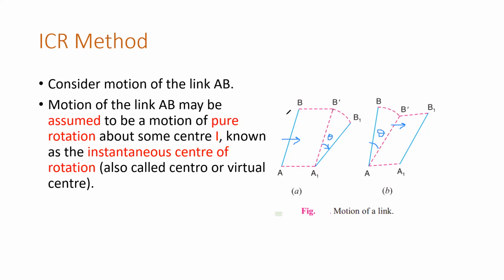Just I am showing you, it can be located by joining the initial and final positions of the points, like this line. Then you draw a perpendicular to the line A1, like this. Then you join the initial and final position of point B with a line, and from the mid of this, you draw another perpendicular line.